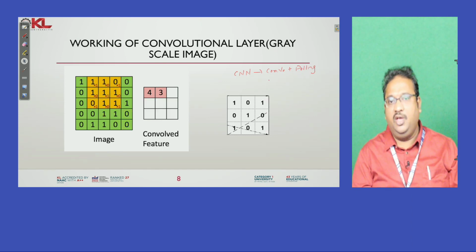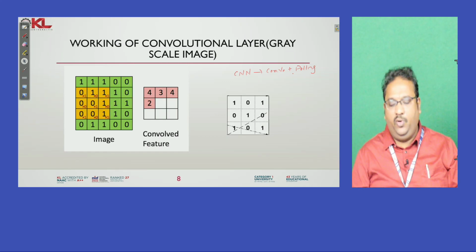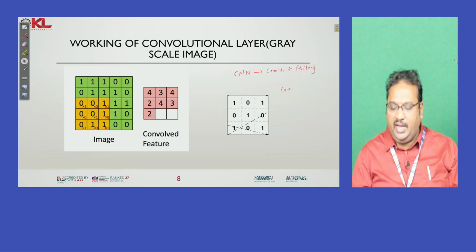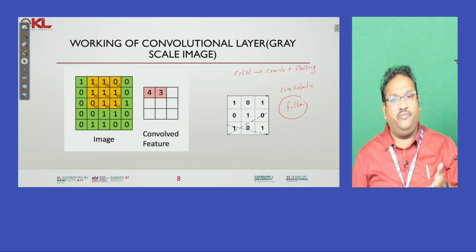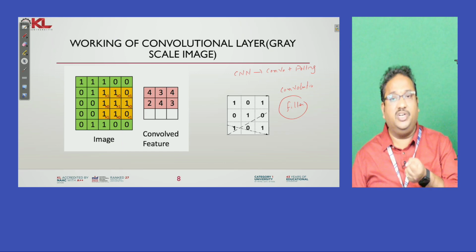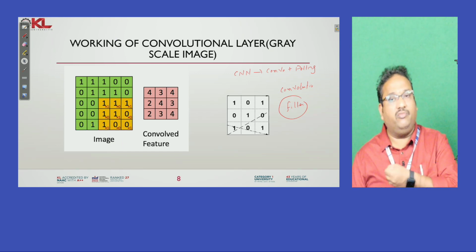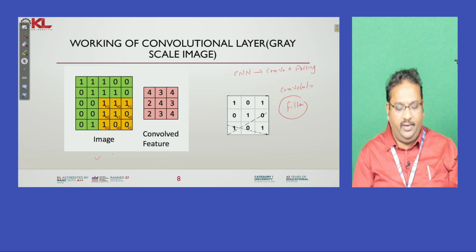Before applying convolution, we need to have a filter. Filter is nothing but to filter. You know the concept of filter. What is going to happen? The filter is going to reduce the features, or keep hold of the main features that are required. So an image will be applied to a filter.